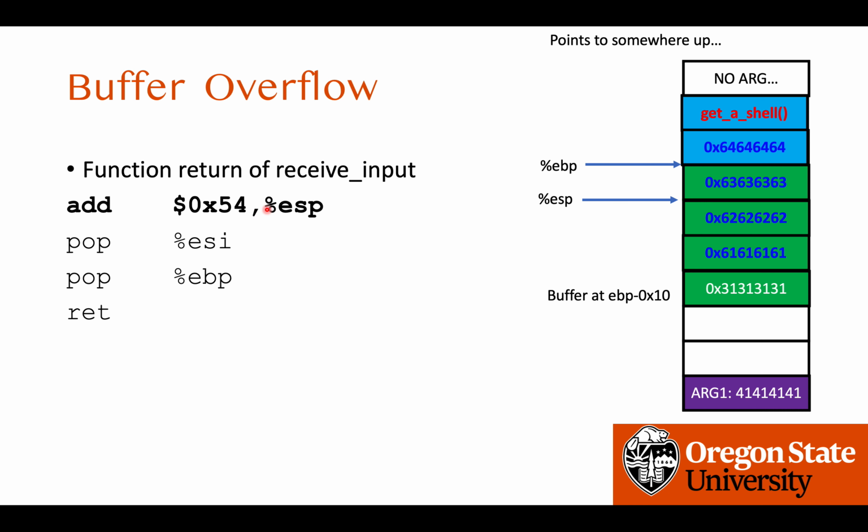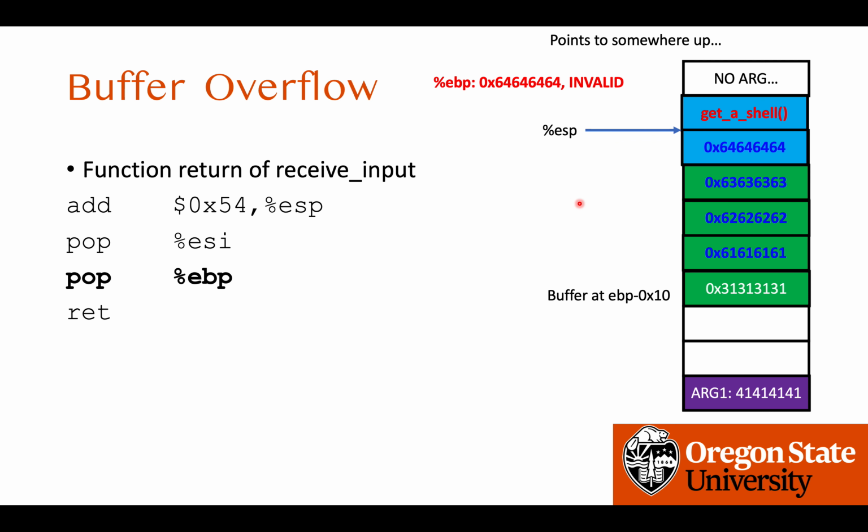What it does is restore the ESP value to what it was before the prologue subtracted from it. Then pop ESI, pop EBP, and then ESP points to where the return address has been stored, and then return. Then it will run the getter shell function.